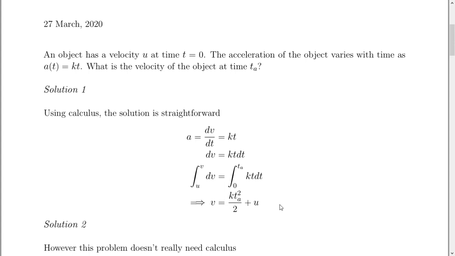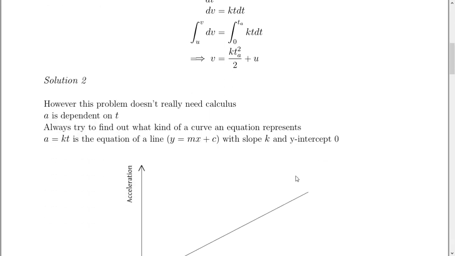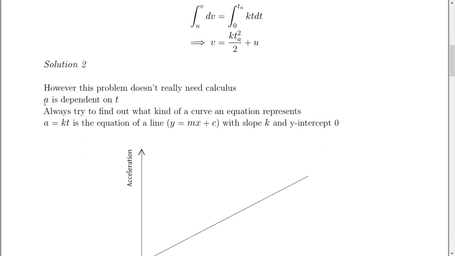However, this problem does not really need any calculus. We have a as a function of t. It's given to be a equals kt. So whenever you have any equation that represents the relationship between two quantities, you first try to figure out the curve that the equation represents.